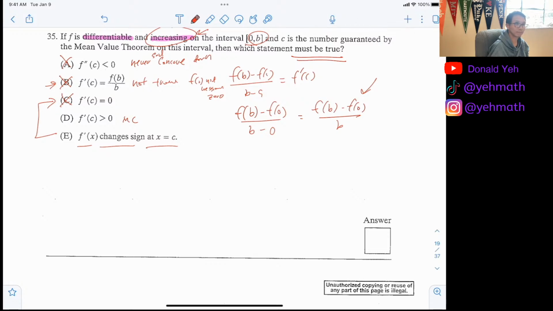What does it say? What's the mean value theorem? It basically says this. Between a and b, if I have something like this, it's completely differentiable.